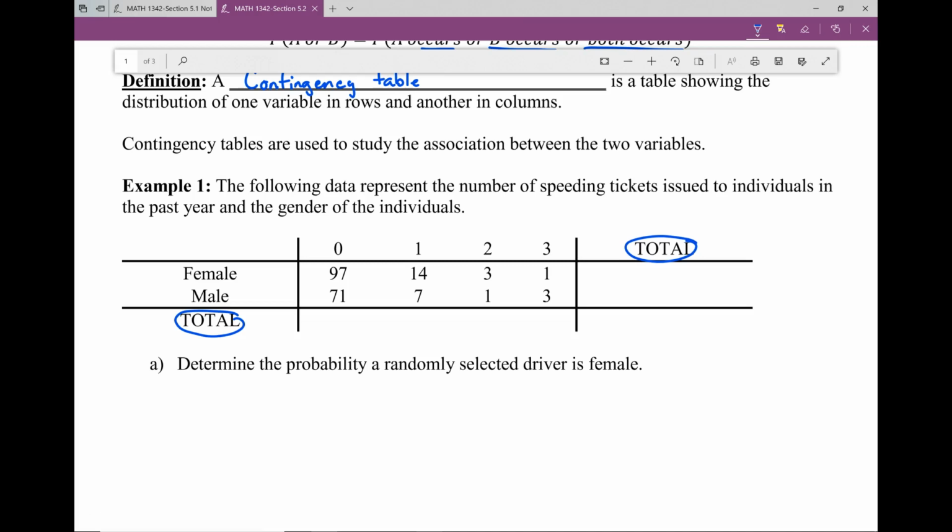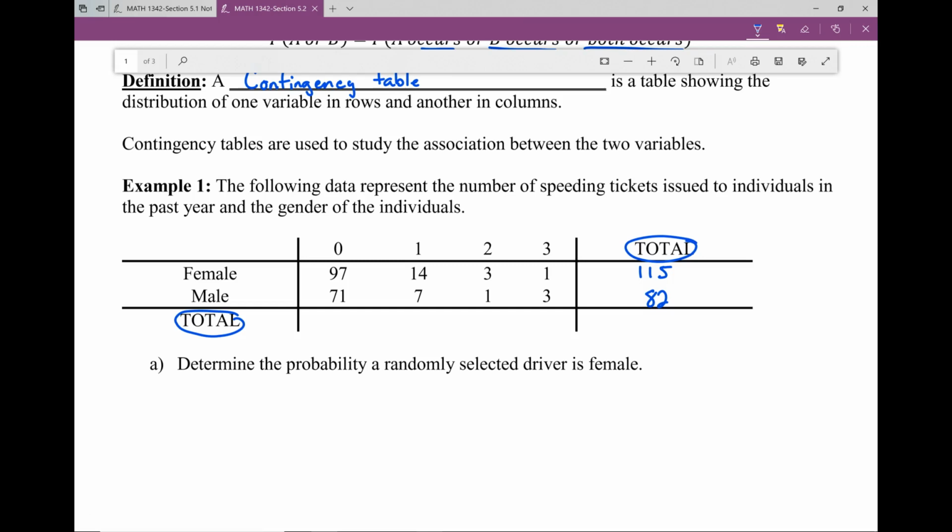The grand total tells me exactly how many individuals have been asked the question or researched. So in this particular case, females, we have 97, 14, 3, and 1 for a total of 115 females. We have 71, 7, 1, 3 males for a total of 82 males. Now let's total up each column.